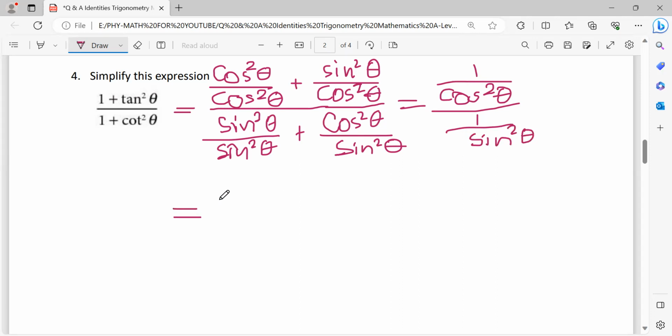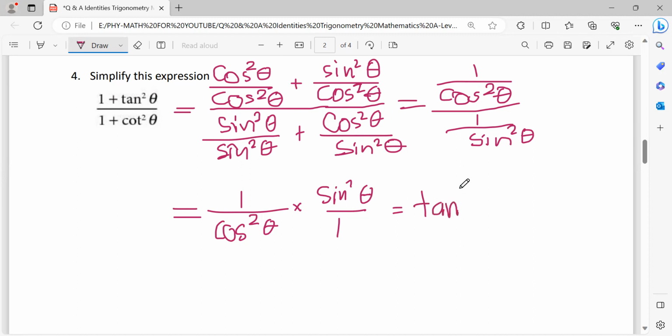Next step, 1 over cosine squared theta times sine squared theta over 1. So it means sine theta over cosine theta, sine over cos equals tangent. So it becomes tangent theta squared.